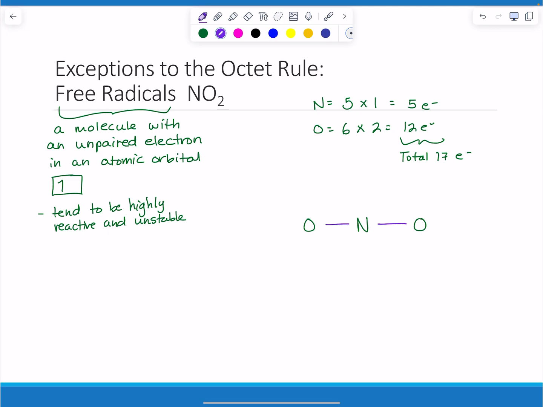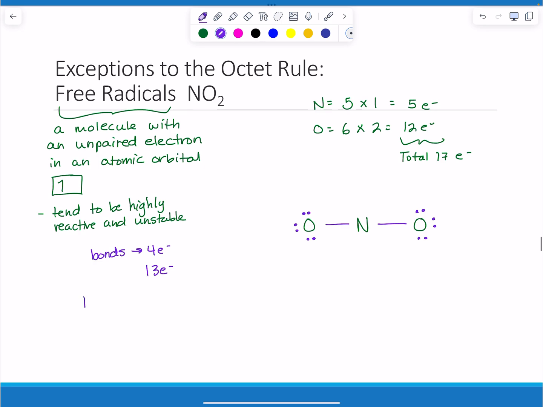We've got 4 bonding electrons, which means we've got an odd number of electrons, right, to place in this instance. So let's add electrons to our oxygens so that they all follow the octet rule, okay? And so we've got 6 electrons that we've placed on each, okay?